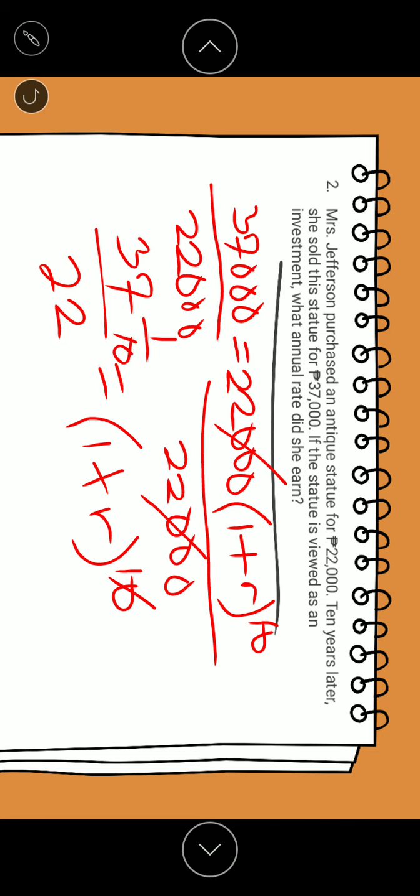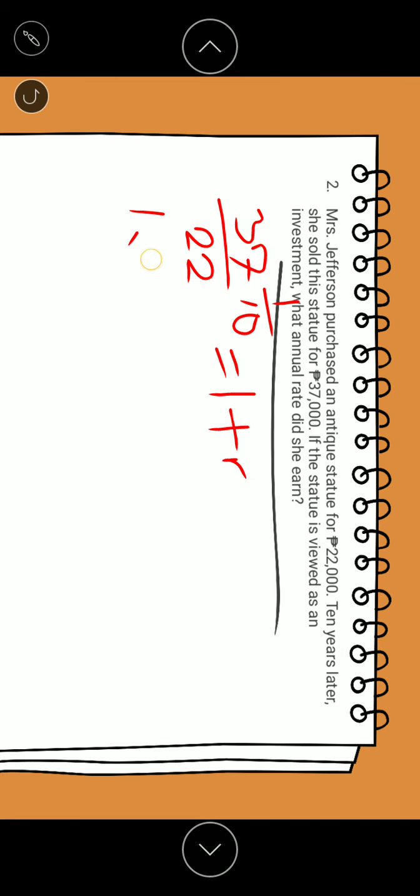Now, if you have your scientific calculator with you, you can now solve 37 over 22 to the power of 1 over 10. And it equals to 1.0534. And we copy equals 1 plus R. Next, to proceed in the solution, we need to transpose this one.